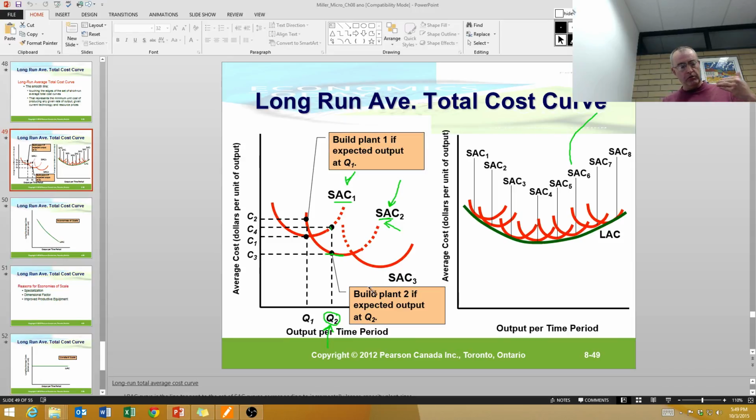And of course, we're in business, our job is to maximize our profits, and we maximize our profits when the difference between revenues and total costs is maximized. Okay. So when we look at the long-run average cost curve, in this illustration here we have a U-shaped long-run average cost curve. So we're just going to look at some additional properties of this.